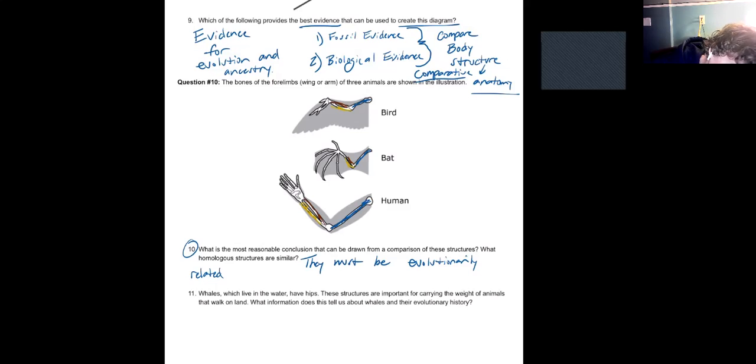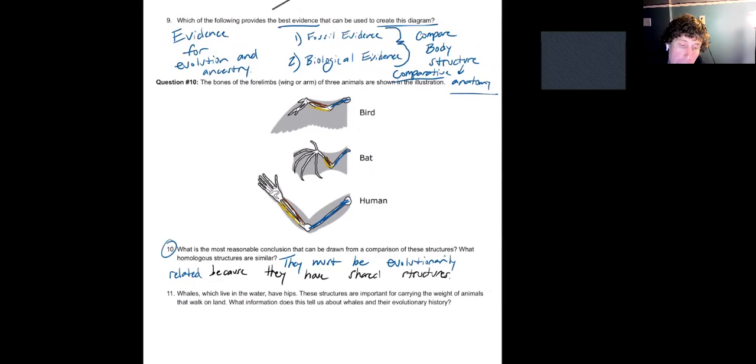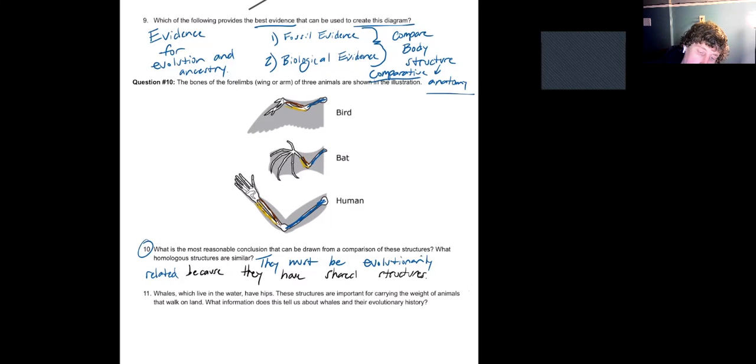And these bones are shared because they have shared structures. And I'm going to list out what those are one more time. I'll just put it at the top here. So they have the humerus.